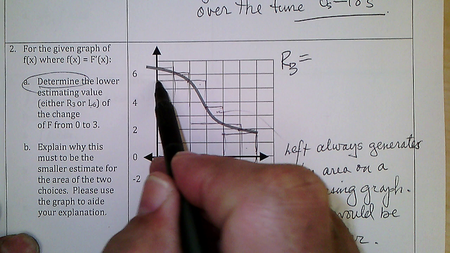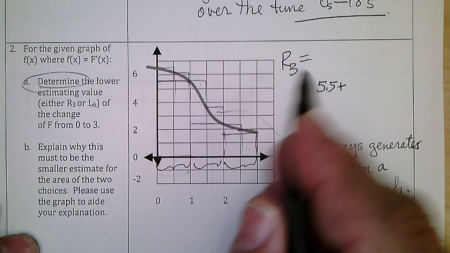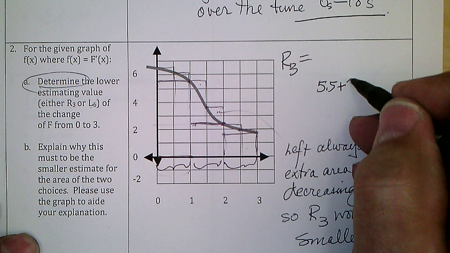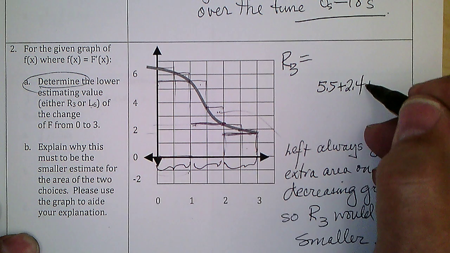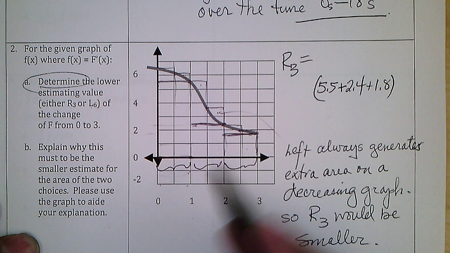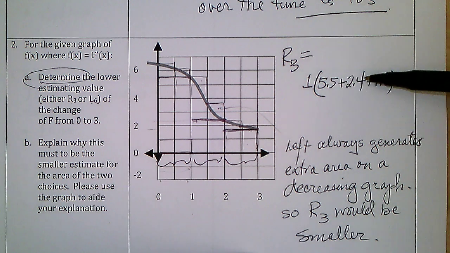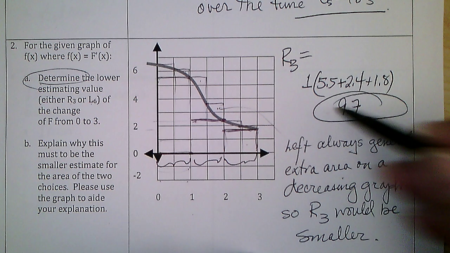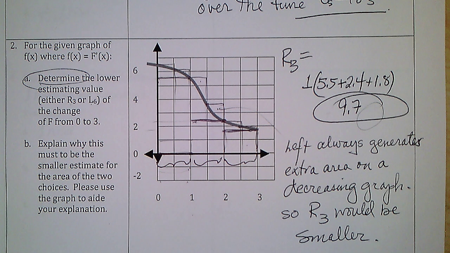And I want the right side, so the right side here is 5.5, plus the right side of the next one is on the curve, and that's about 2.4, 2.3, and then the right side on this one is at about 1.8. And we got to take it times the width of this, and that's from 0 to 1, which is 1. So this would be 7.9, 8.7, 9.7. And we don't know what this is a graph of, so we can't put units on this, but the area is 9.7.